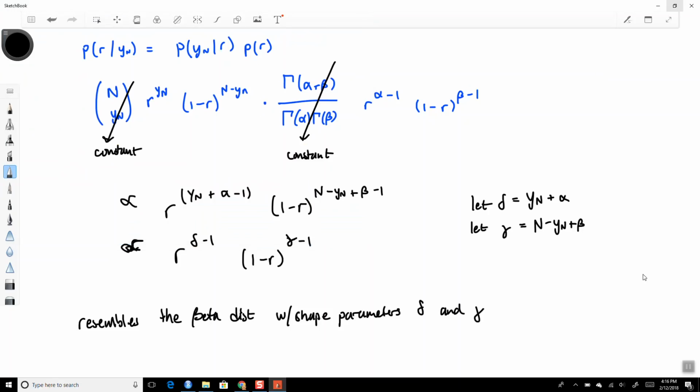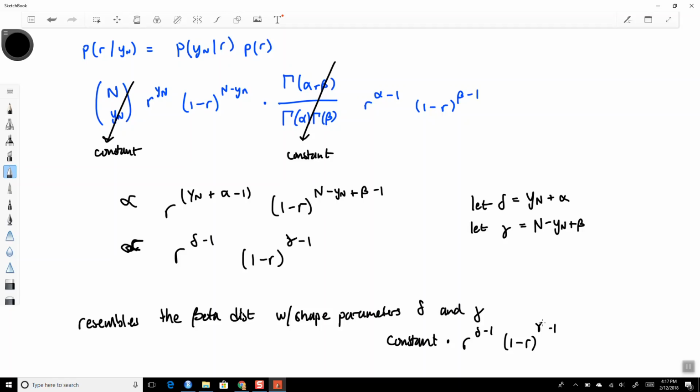Okay, and then if we want the total thing for little gamma, you have some constant times r to the delta minus 1 and 1 minus r to the gamma minus 1, sorry, not beta minus 1. We're just continuing using different letters.